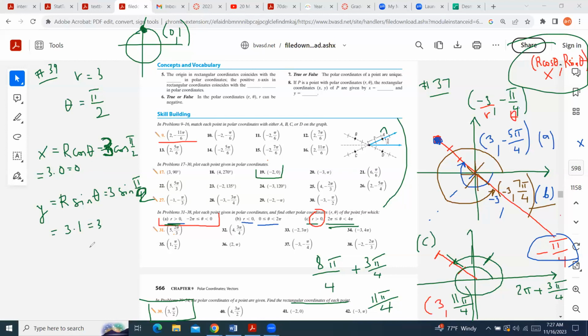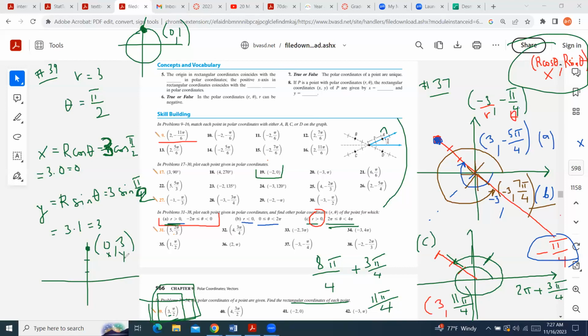So it's 3. So we actually have a point with coordinates x equal to 0 and 3 for y. So it's really a point here with coordinates 0, 3. Let's see. So how is it related with that? You don't have to think of this as x, y. That's why I'm saying it's a totally different description.